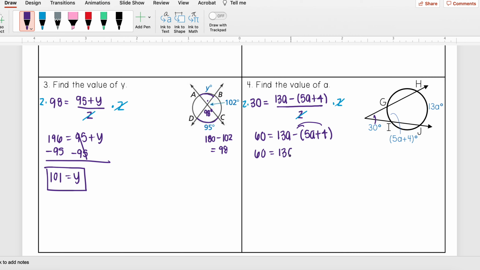And I get 13a minus 5a minus 4. 13a minus 5a, I get 8a. Add 4 to both sides. And I get 64 is equal to 8a. And then divide both sides by 8. And I get that 8 is equal to a.